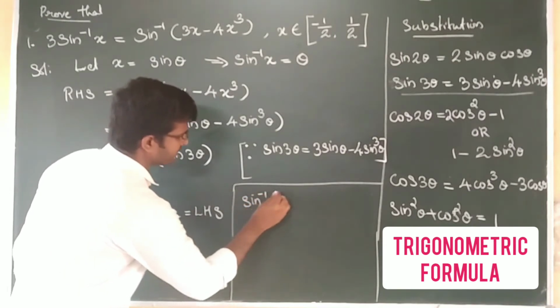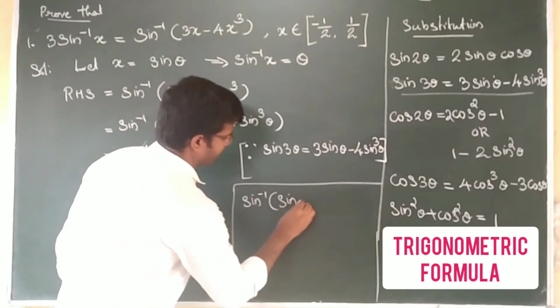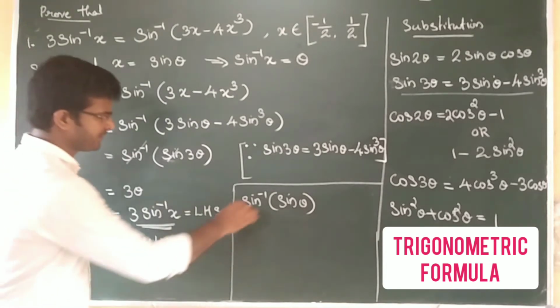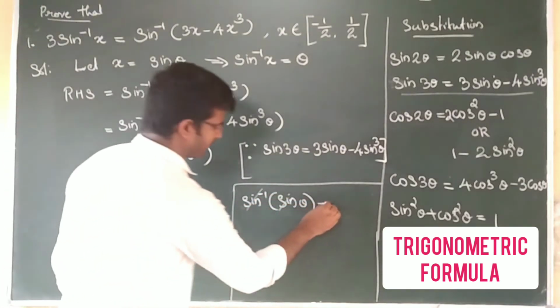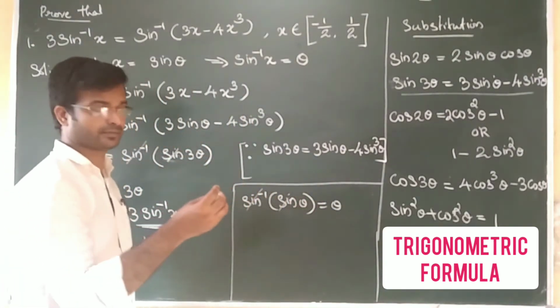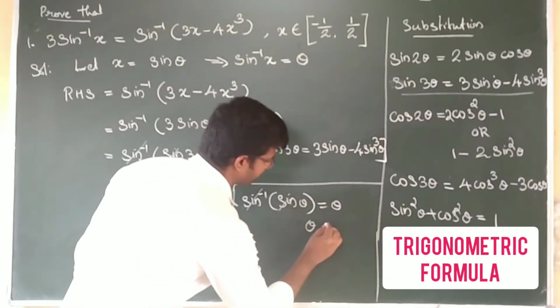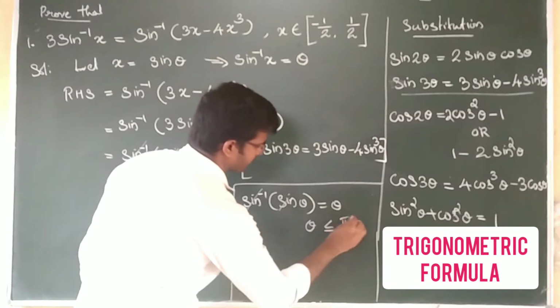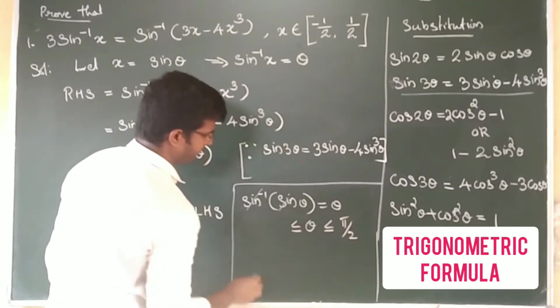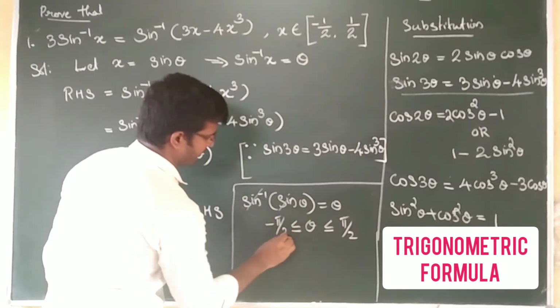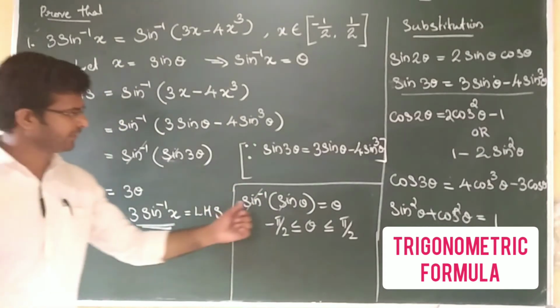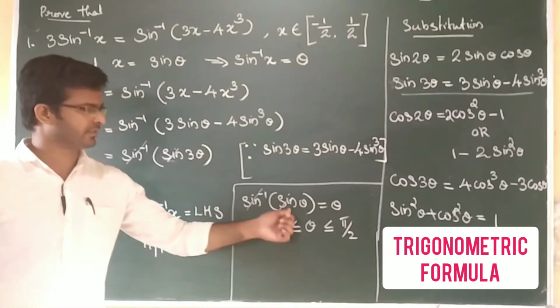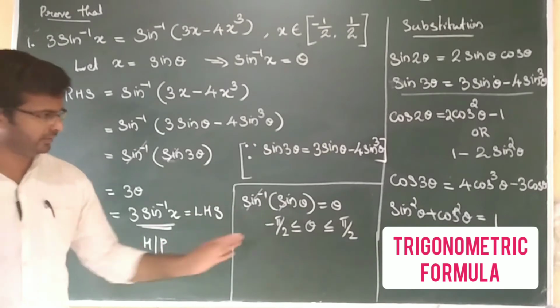Sine inverse of sine theta we can cancel to write theta, but theta should be less than pi by 2 and greater than minus pi by 2. Only for this range can we cancel sine inverse and sine. Otherwise we cannot cancel. This is the condition.